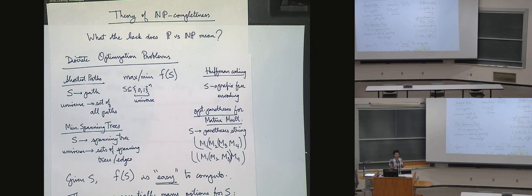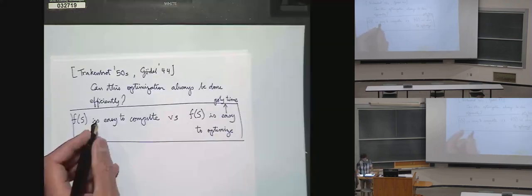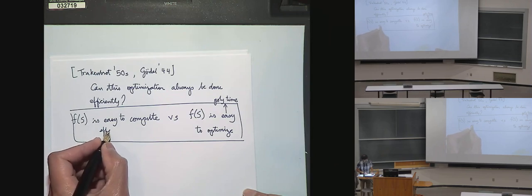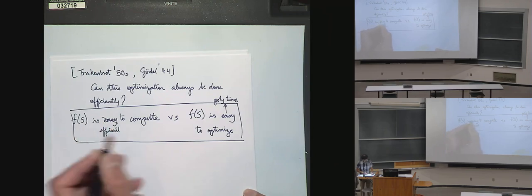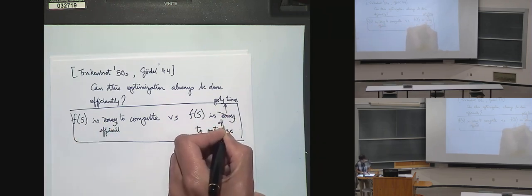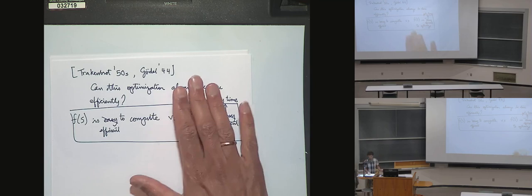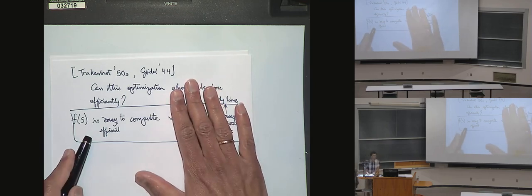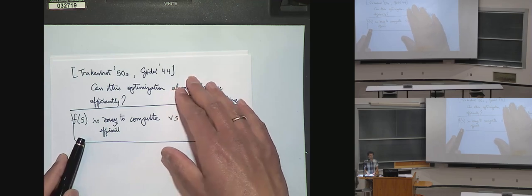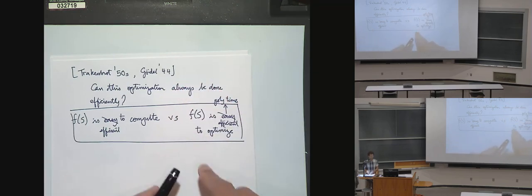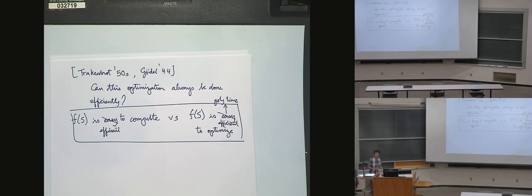Again, easy doesn't mean it was easy to come up with. Easy just means it was polynomial time. So instead of easy, I will say efficient. Let's get rid of the word easy and say efficient. Okay? So in every discrete optimization problem, f is efficient to compute. And in multiple cases, we showed that f is efficient to optimize.